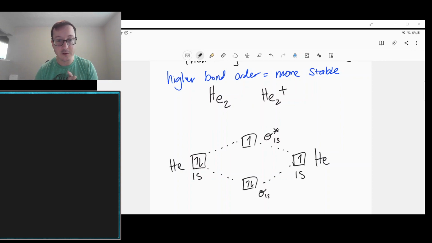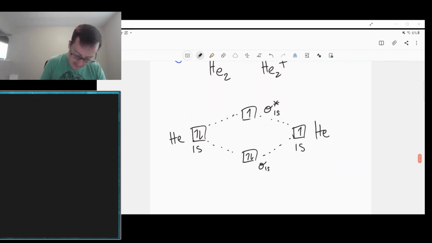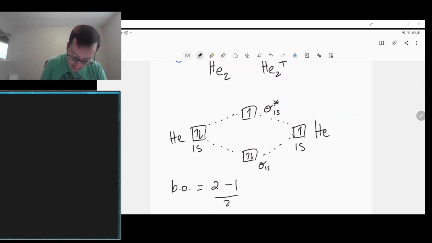So we fill 2 into the bottom bonding orbital, and 1 into the anti-bonding orbital. The bond order of this would be 2 bonding electrons minus 1 anti-bonding, divided by 2, which is 1/2.